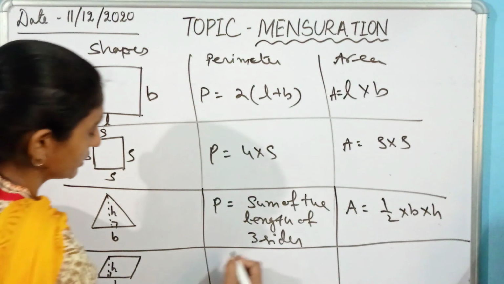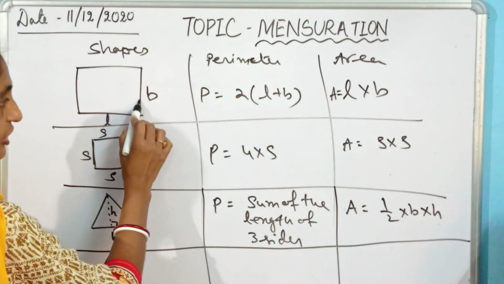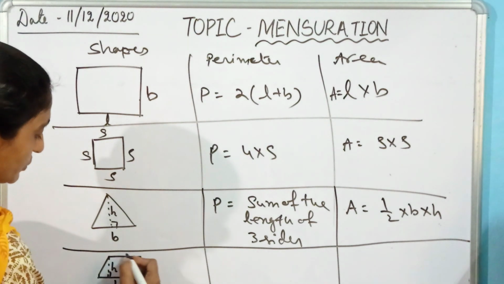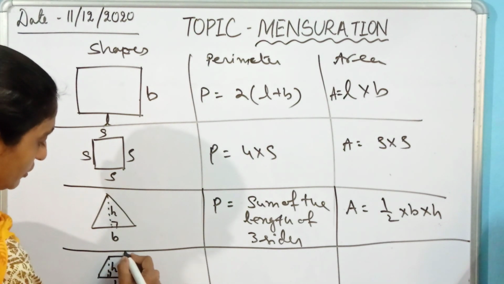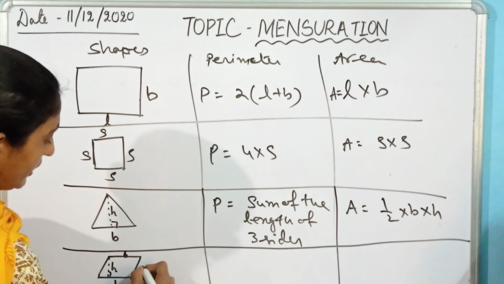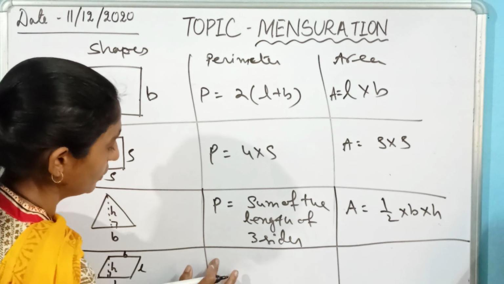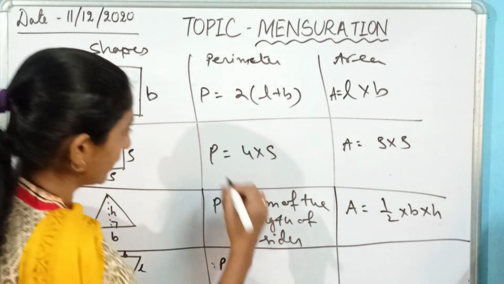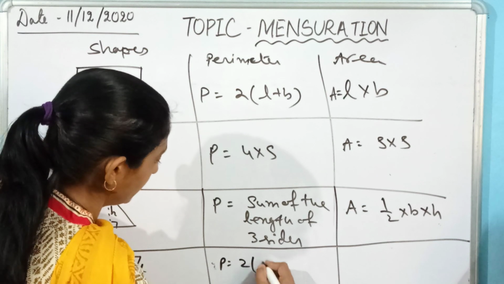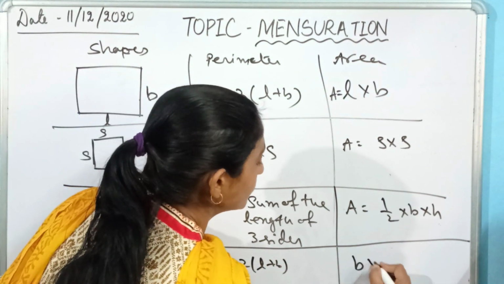As we learned earlier for the rectangle, perimeter is equal to the sum of the sides. So here also, if I consider this as B, and the adjacent side let it be L, perimeter is equal to, again like the rectangle, 2 into L plus B. So area will be base into height.